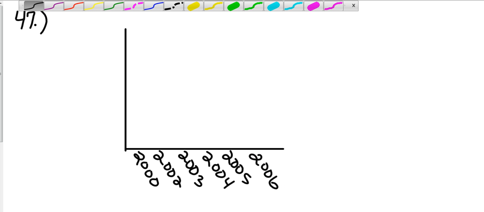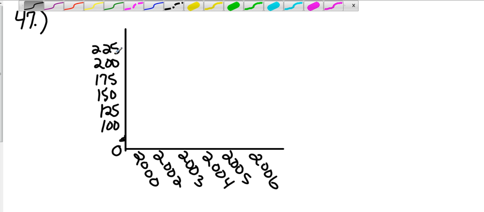Okay. So 2006. And so my lowest is going to be 139. My highest is going to be 221. And so I'm going to start at zero, and I'm going to start at 100 and go by 25s. Let's see, what was my highest again? My highest is 221, so that should get it.